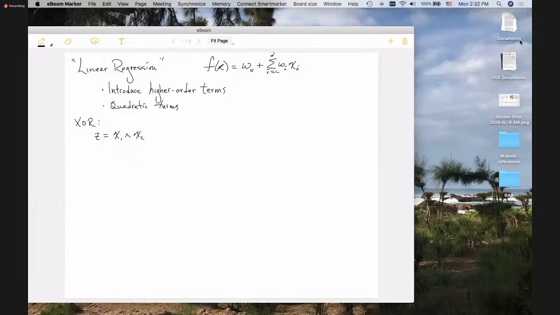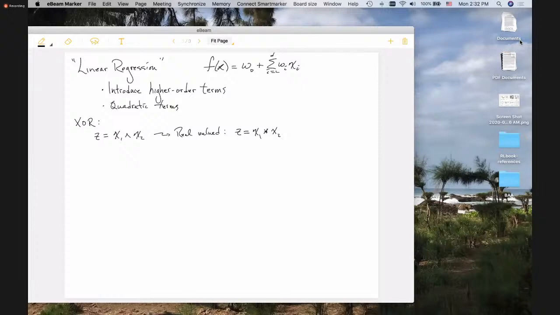By the way, we can generalize this to real valued inputs by letting Z equal x1 times x2. Because you can actually show multiplication and logical and are more or less the same operator, except one is in a binary Boolean space and the other one's in a real valued space.